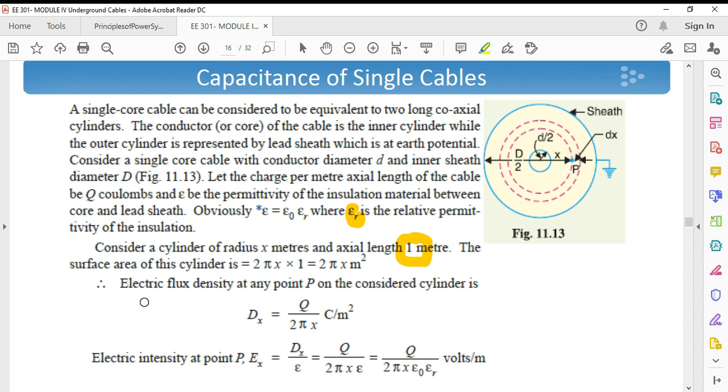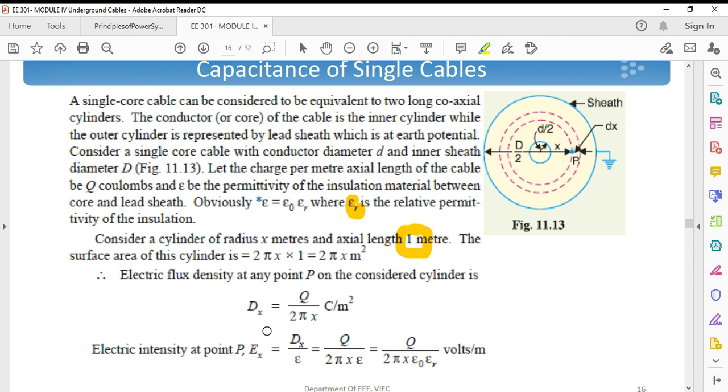Now we have electric flux density. Electric flux density equals charge by area. If Q coulombs is the charge, then Q by 2 pi x is the electric flux density Dx.